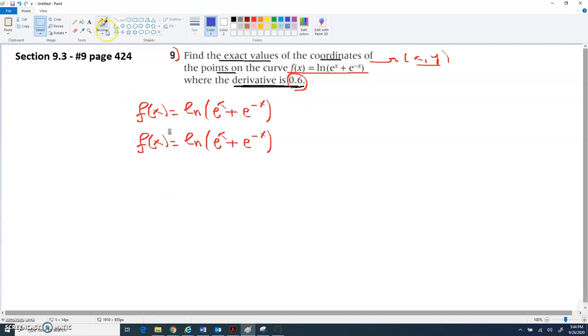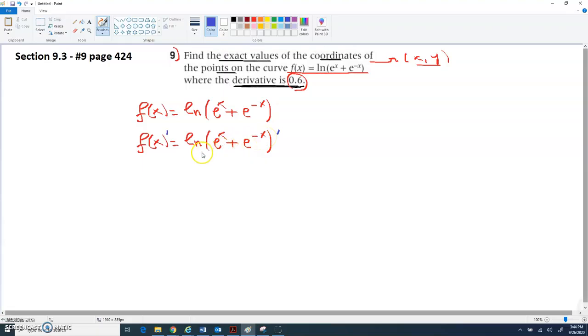Of course the derivative of ln x is 1 over x, but in this case it's not just x, it is e to the x plus e to the negative x.